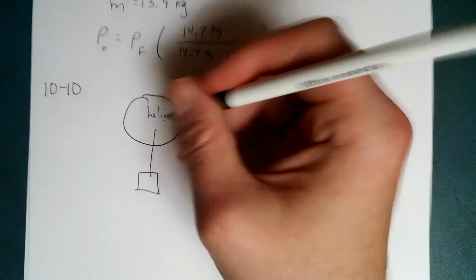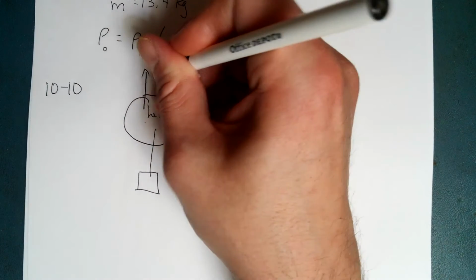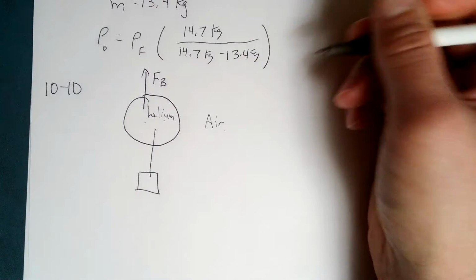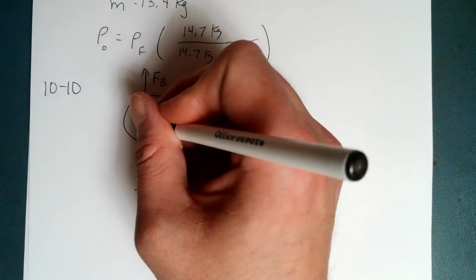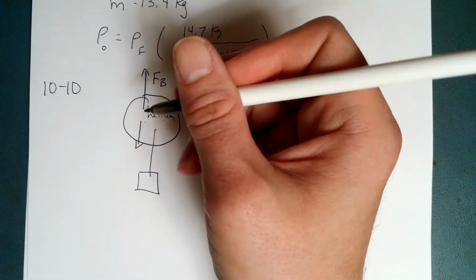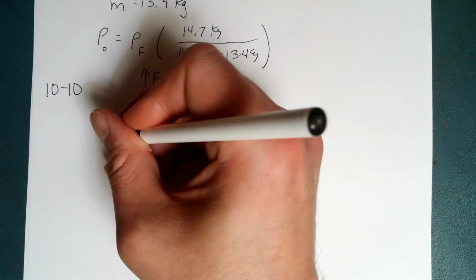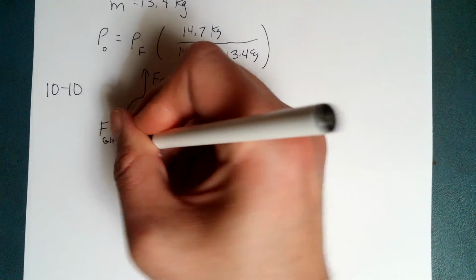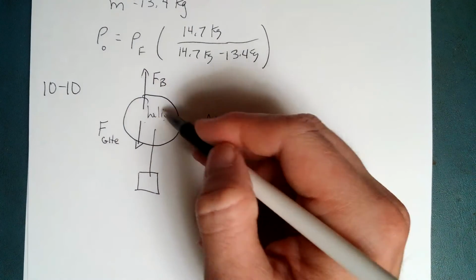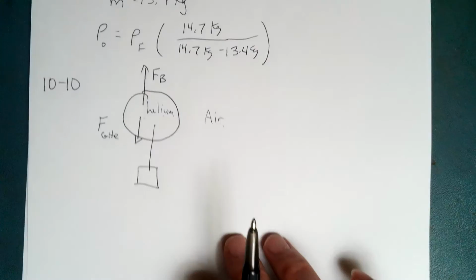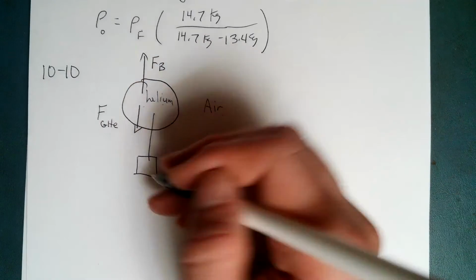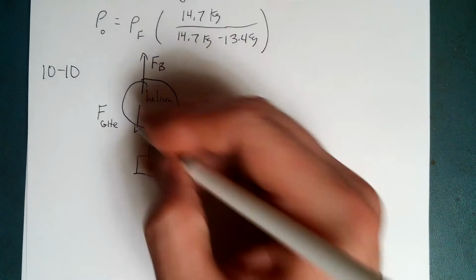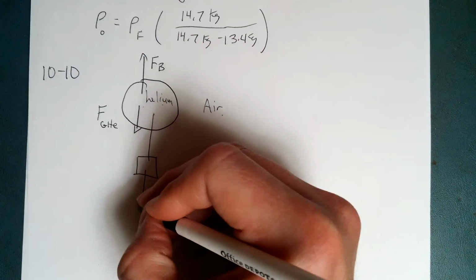So we have up is the buoyant force. We have down here, I'll write it over here, Fg of the helium itself. We have to consider the helium's own mass, just like this is an object. So it's Fg of helium, and I'm considering this all one single object here.